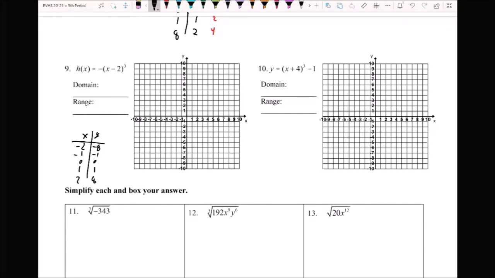Okay, so for my shift here, -2 is right by 2. So my center goes out to 2, 0. And I've got the negative sign here, so I've got to negate all of these. So I'm going to go over to 1, -1. And then 1, 2, -8. And then 1, 1. And then 2, +8.